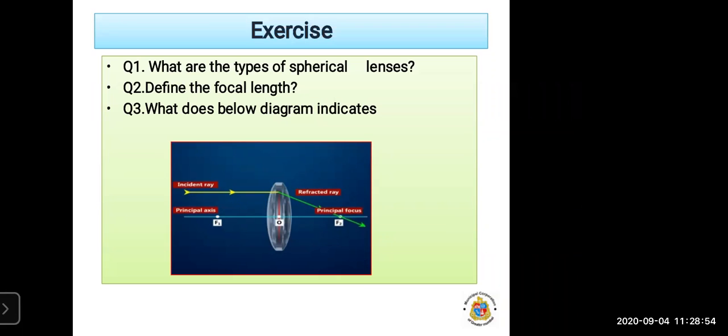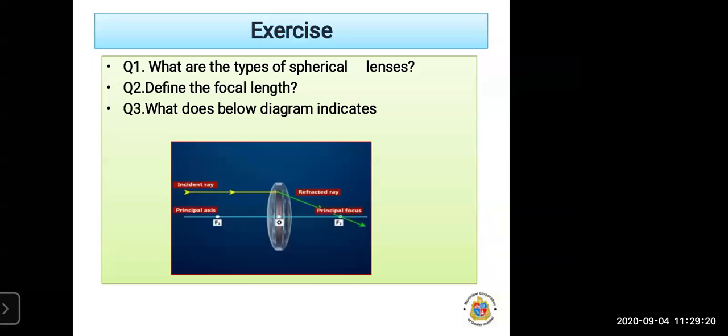Now define the focal length. What is meant by the focal length? Khushi, first unmute yourself.